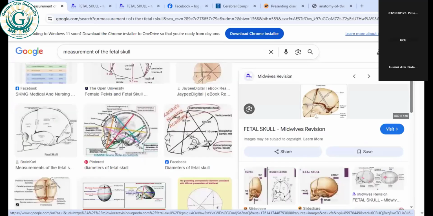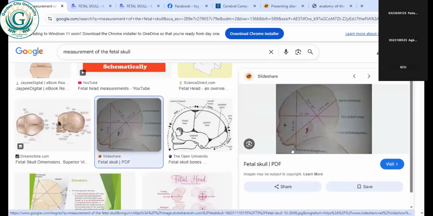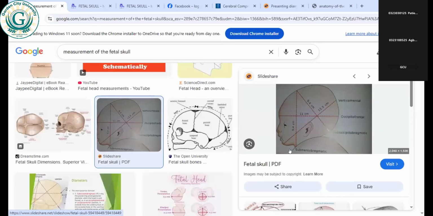The transverse diameter is the one you are aiming at the top of the fetal head, but with the longitudinal, you measure from the sideways, more like you are looking at one face of the baby. Okay, so the longitudinal is like diagonal, the measurement. Yes. And the transverse is more like you are looking at the top of the head and you are measuring.